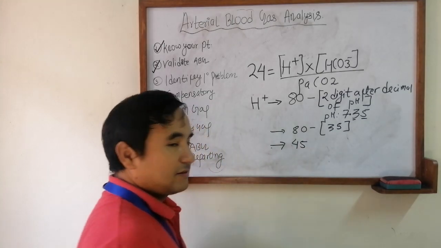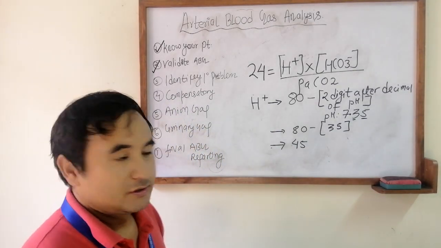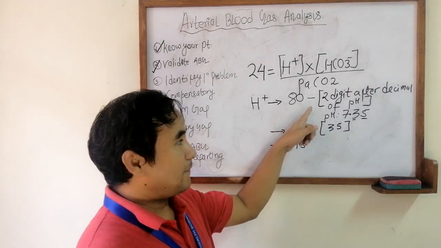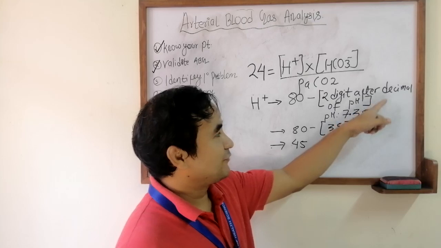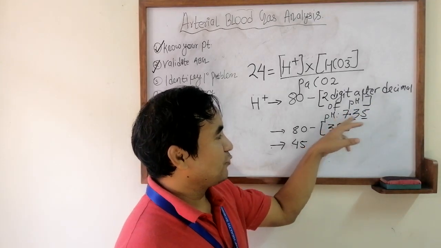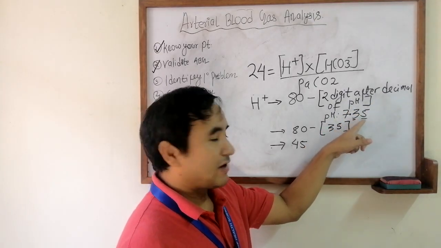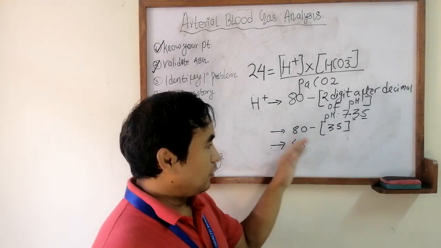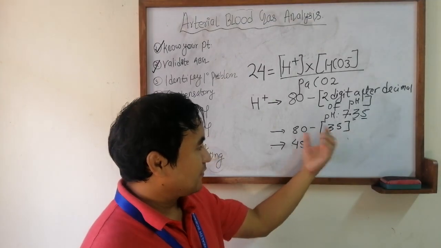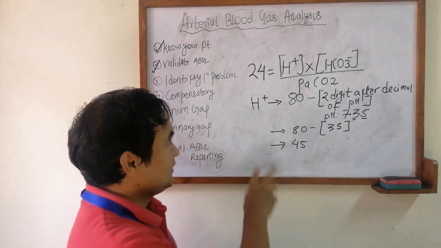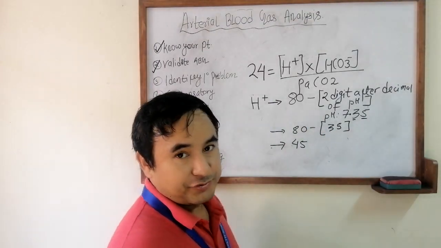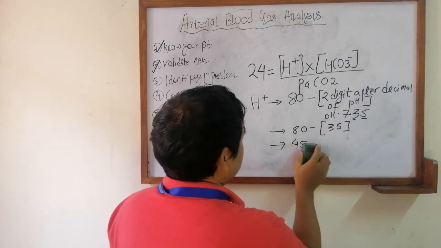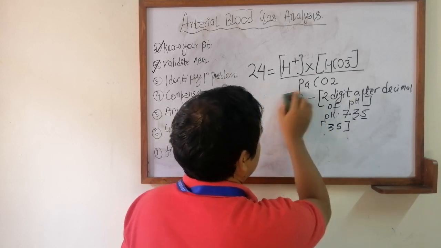So if pH is 7.35, the two digits are 35. If pH is 7.40, the two digits are 40. If you subtract that number from 80, you get the approximate hydrogen ion concentration in the body.